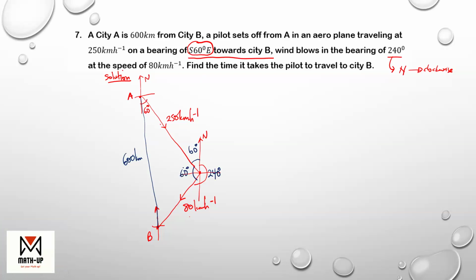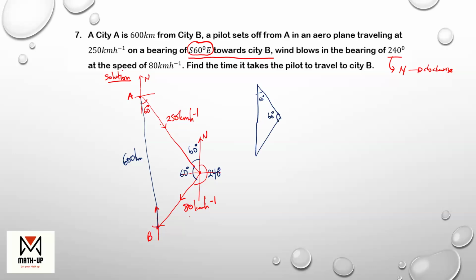So I'm going to use the cosine rule and solve this. So we have a triangle. Let me just draw it here. This is 60. This is as well 60 degrees.